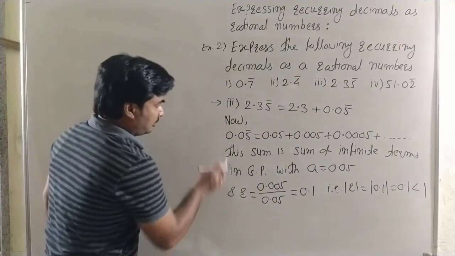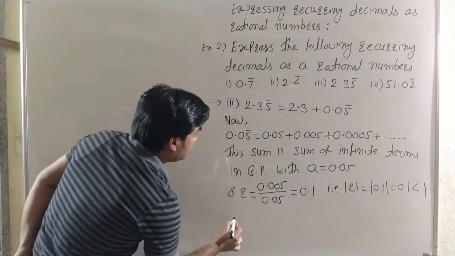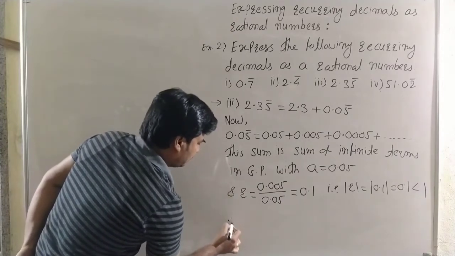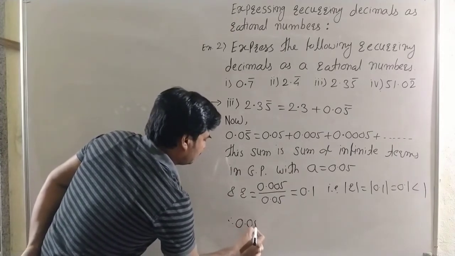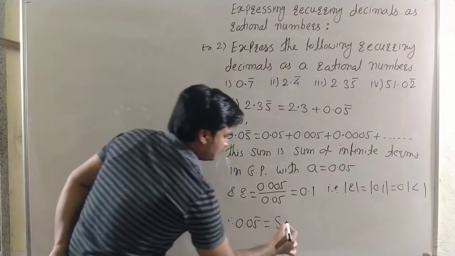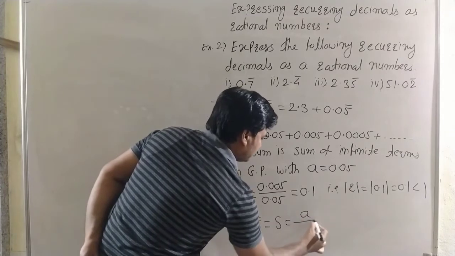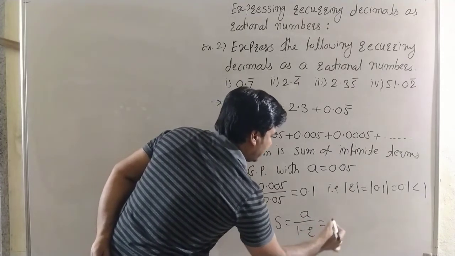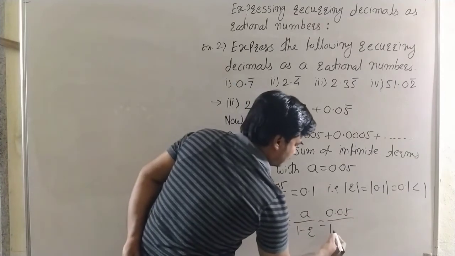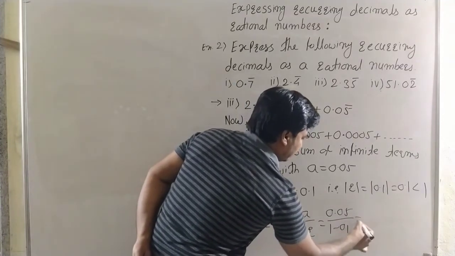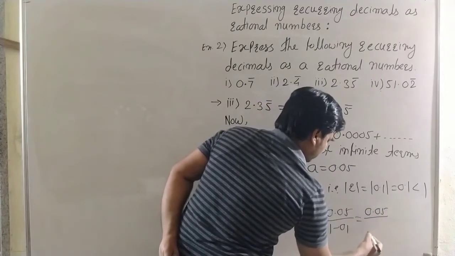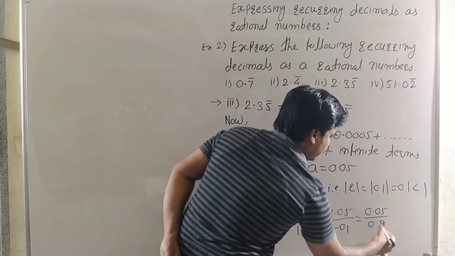And therefore this sum, 0.05 bar, is equal to a upon 1 minus r, and a is 0.05 upon 1 minus 0.1, then it is 0.05 upon 0.9.